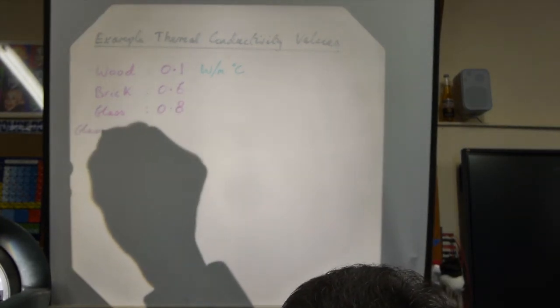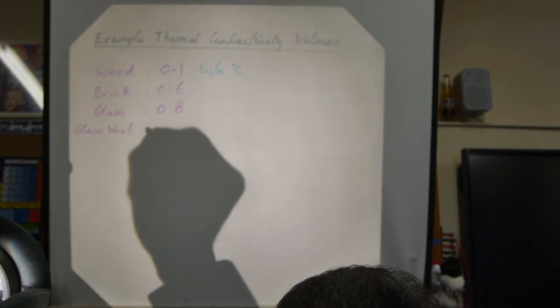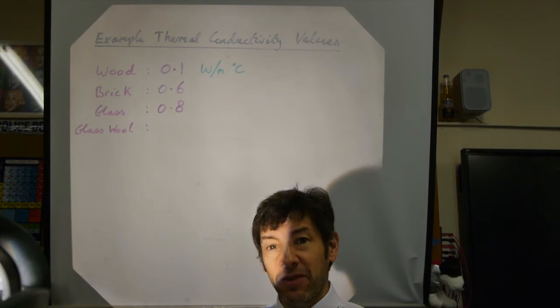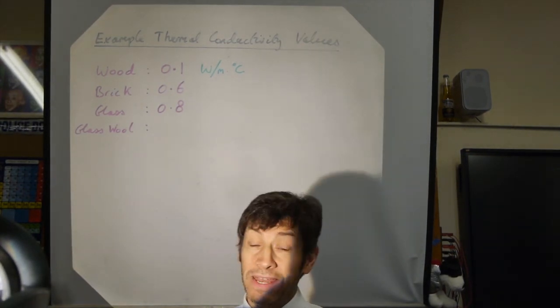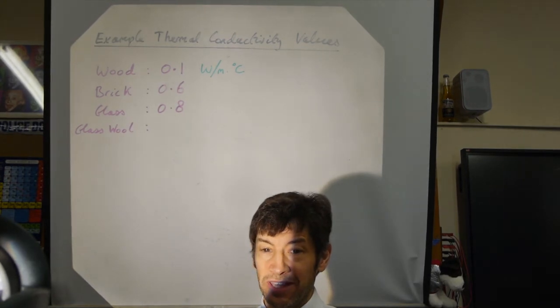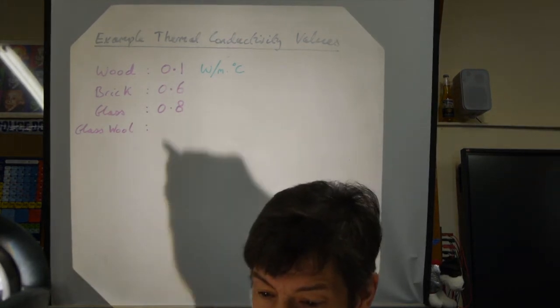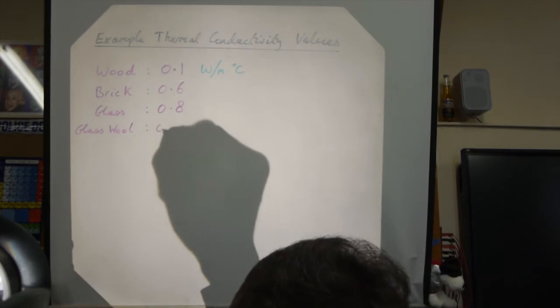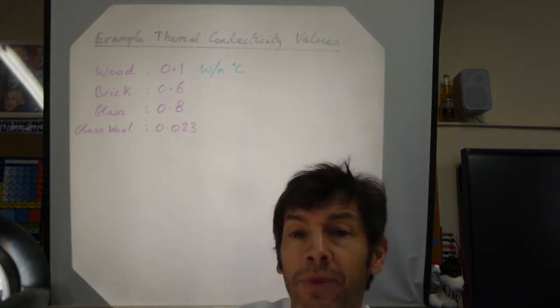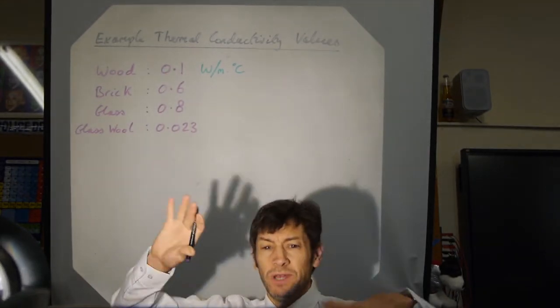So glass wool, the stuff that goes in the roof to insulate. The fact you put that in there must mean it has a very, very low thermal conductivity. So I hope you guess it's a smaller number than these, 0.023, a much lower number, or approximately that.